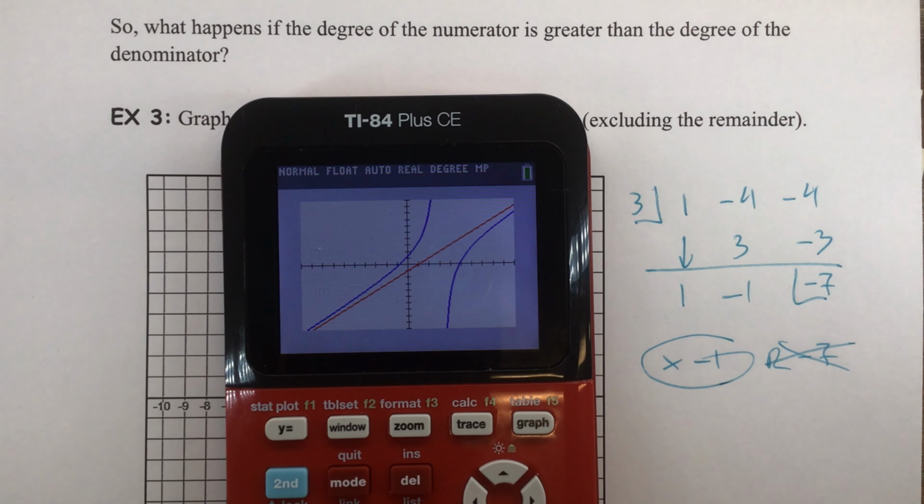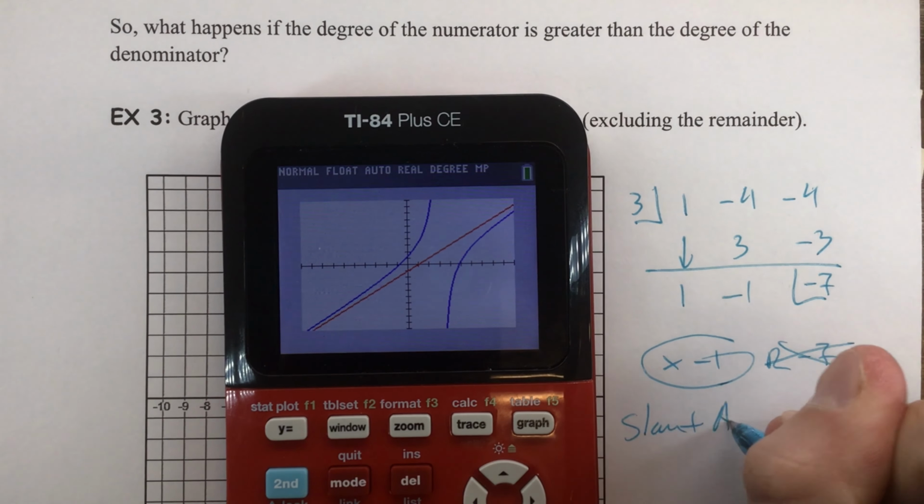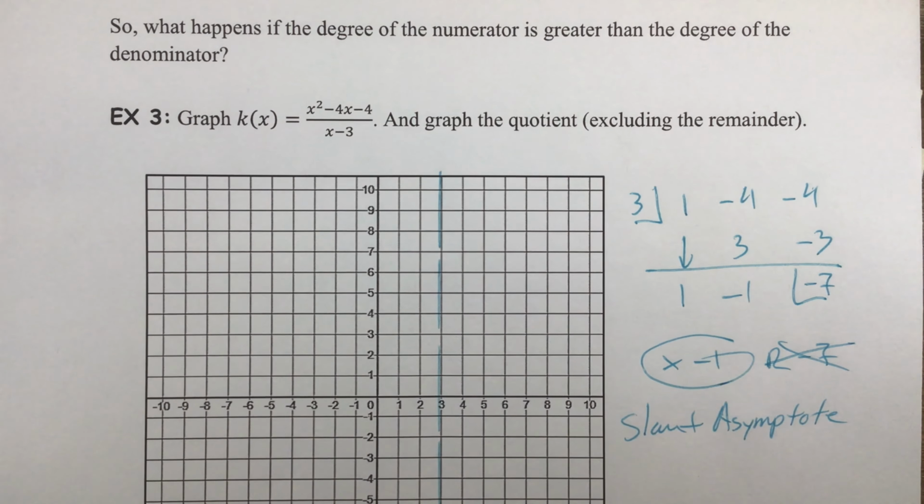In other words, we are getting an asymptote, but our asymptote is not a horizontal asymptote. It's actually called a slant asymptote. And conveniently, the slant asymptote is the quotient of the numerator and the denominator when you exclude the remainder.